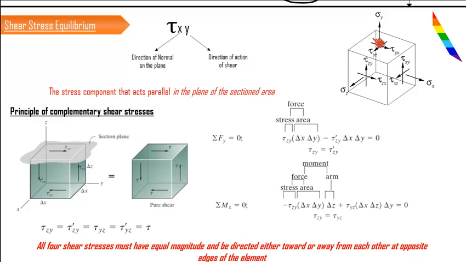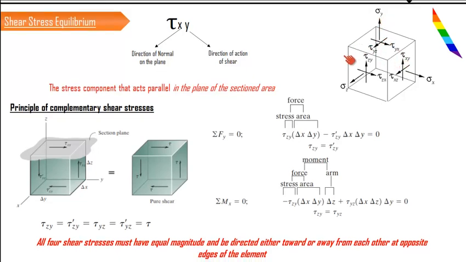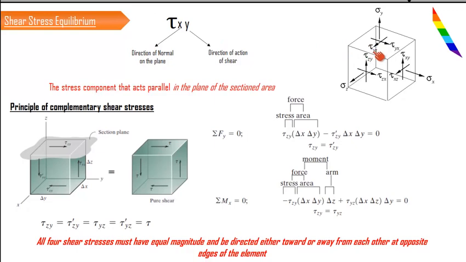If you consider the top surface, the normal is directed towards the y-axis. So all the shear stresses acting on this plane will have the first suffix as y. Similarly in the z direction. So this is how the first letter is read. What about the second letter? The second letter clearly shows you the direction in which this shear stress acts.